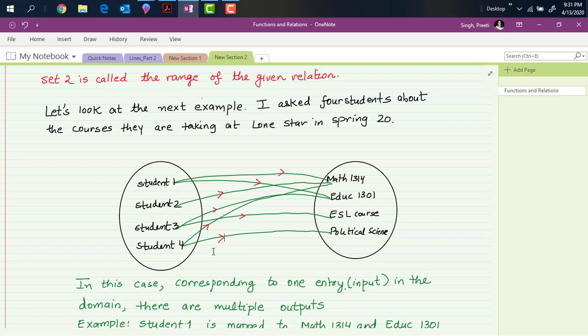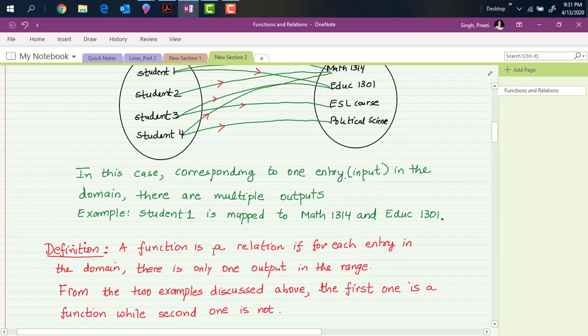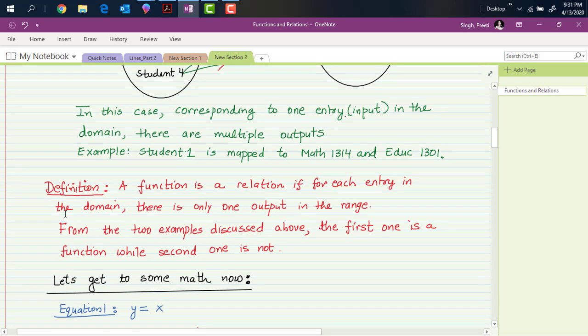So the first kind of relation has a special name, and those are called functions. A function is a relation in which for each entry in the domain, the first set, there is only one entry in the range. Note that the entry in the range may or may not be unique.